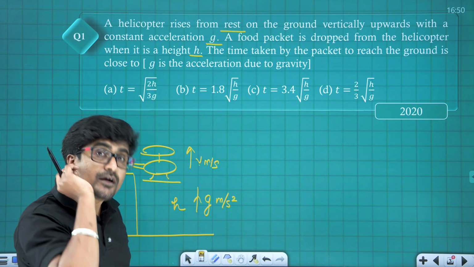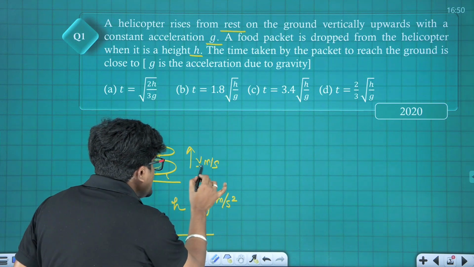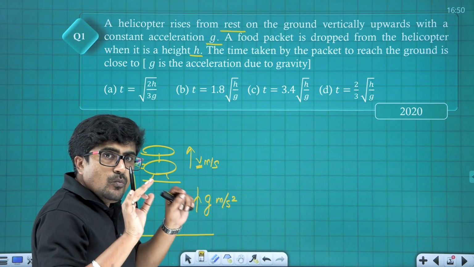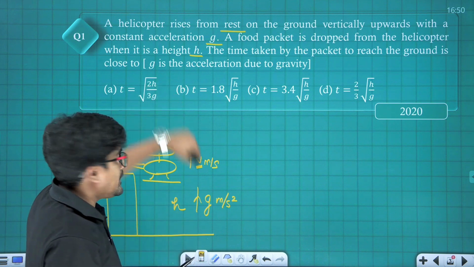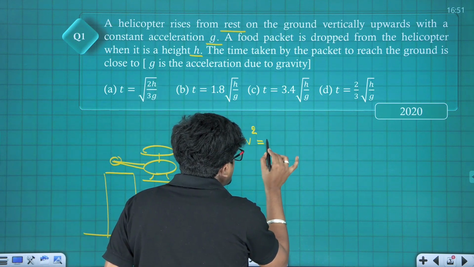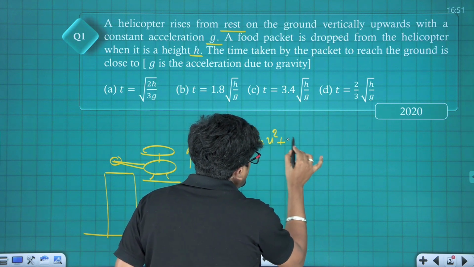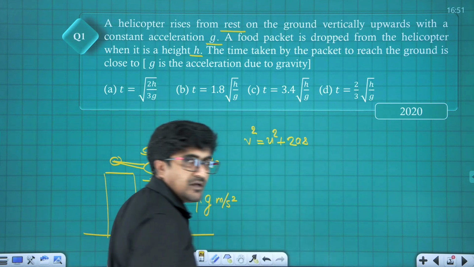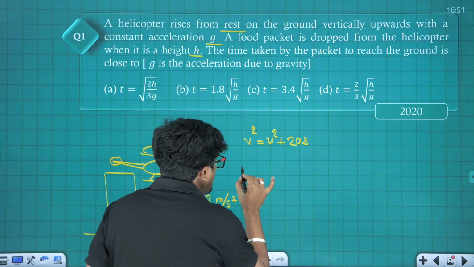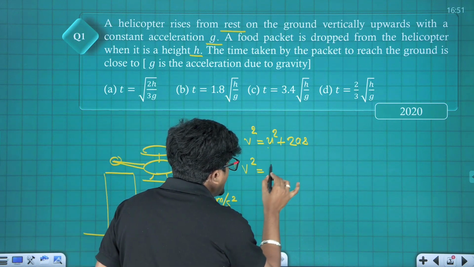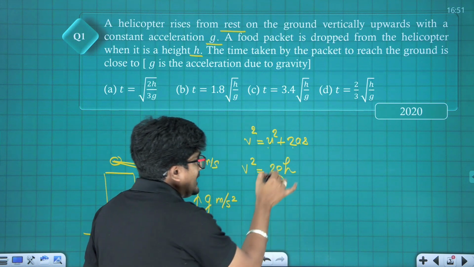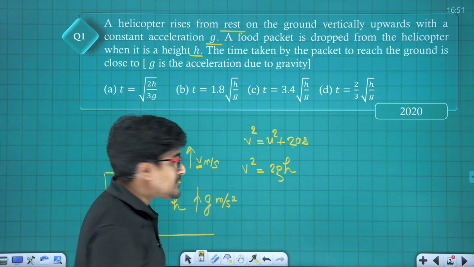So let us first find out what is this velocity here, because that is what we must know to calculate the time. We all know that v square is u square plus 2as. Since the helicopter started from rest, I can mark this equation as v square equals 2g into h, where a is g and h is the displacement.